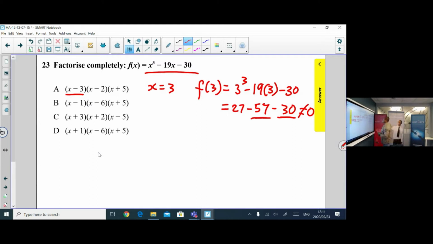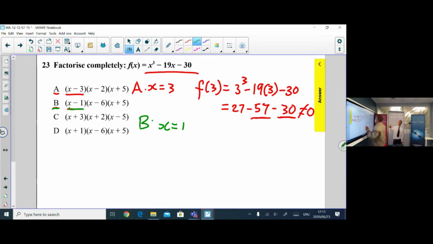Maybe you might leave this A for now. You try to go to B, because all these factors must fulfill f of x equals 0. So if you were to try B, so that was A, B will be that x equals 1.